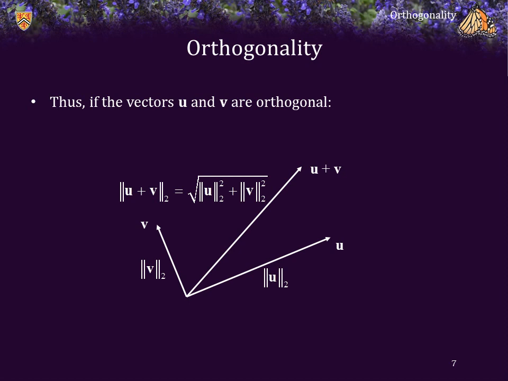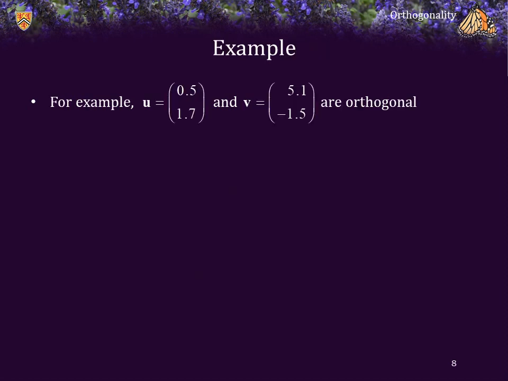Let's look at an example. So here we have two vectors. u is equal to (0.5, 1.7), and v is equal to (5.1, -1.5).